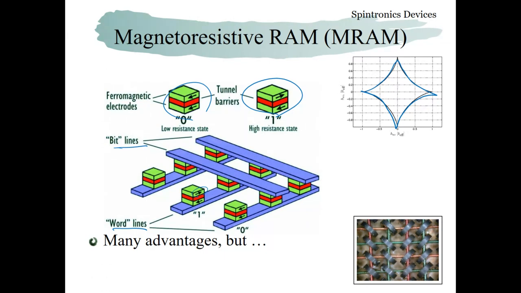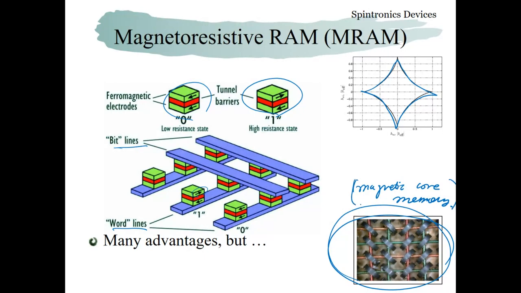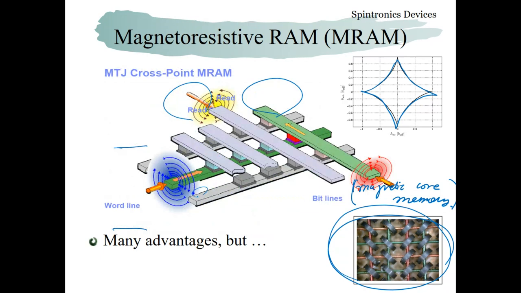So basically, this is quite similar to the long-time used magnetic core memory. Yeah, this array structure is the same for many kinds of memories.